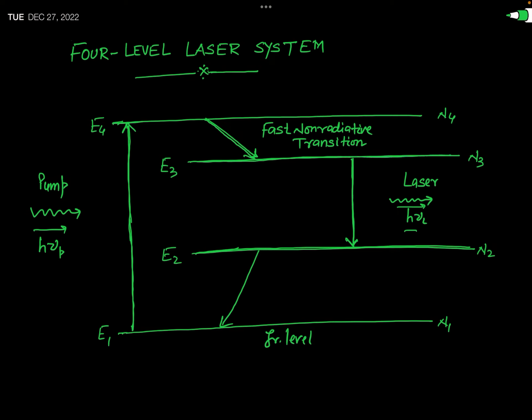But E2 should not be a metastable level, because in that condition the population inversion between levels 3 and 2 will not be achieved. So the atoms, when they reach the second energy level, quickly transit to the ground level, as I have marked by this arrowhead.